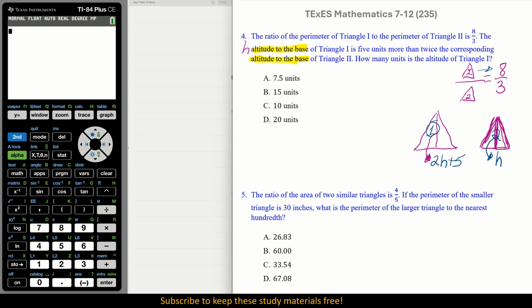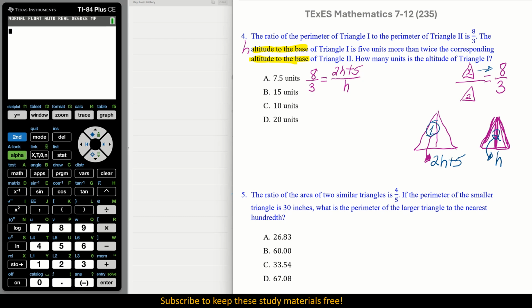So now we have a ratio of the larger one over the smaller one, which is what is set up by our k. So what do we really have? We have 8 over 3 equals 2h plus 5 over h.